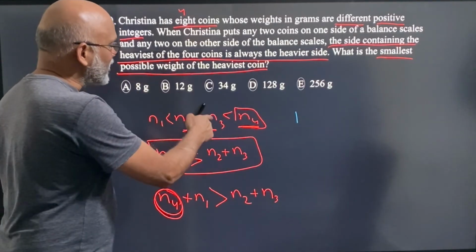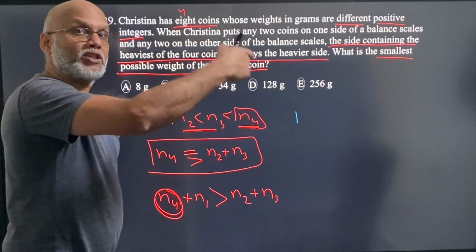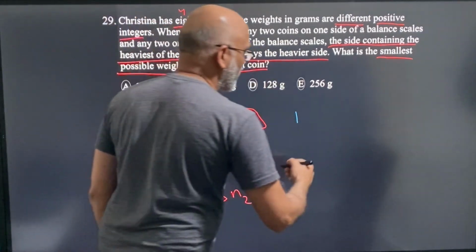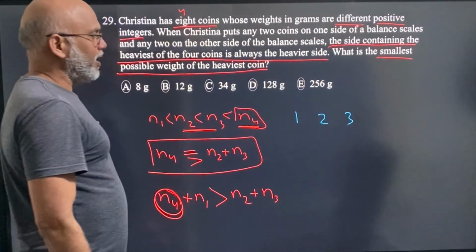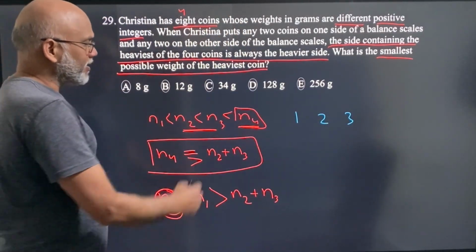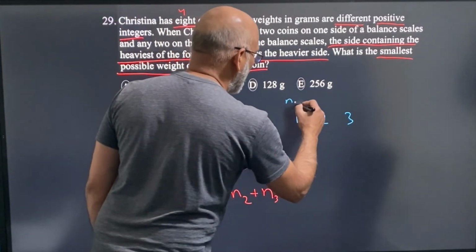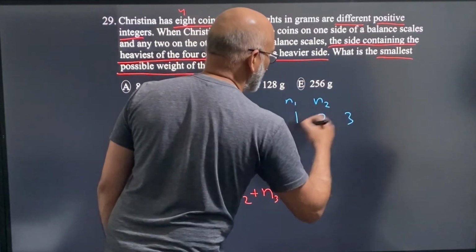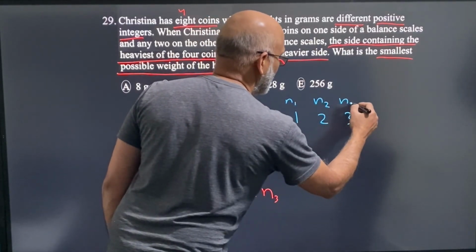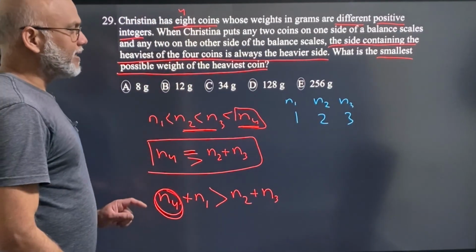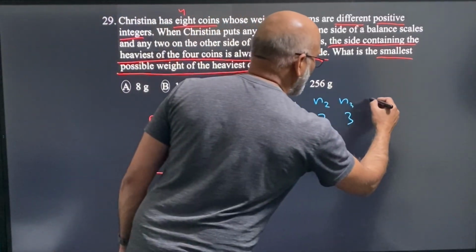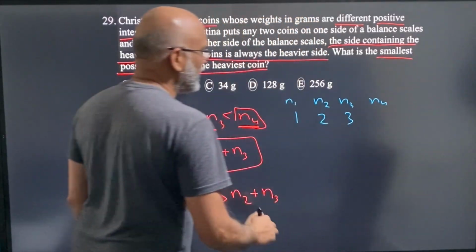And the next two, can I take then the next two smallest, like 2 and 3? Okay, so what I did here is I chose n1 to be 1, n2 to be 2, and n3 to be 3, right? Such that I want to find n4, right?